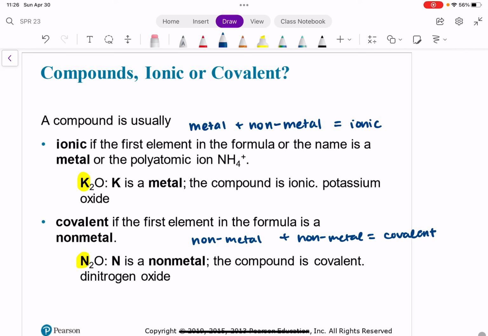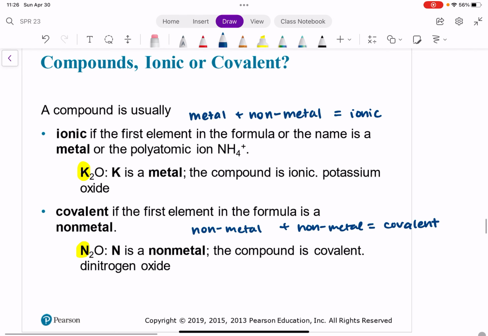Covalent, sharing those valence electrons. Like cohabitating is sharing a house or a habitat, whatever. Okay? And then if it's covalent, we name it with the number. We have to show the number of each atom we have.